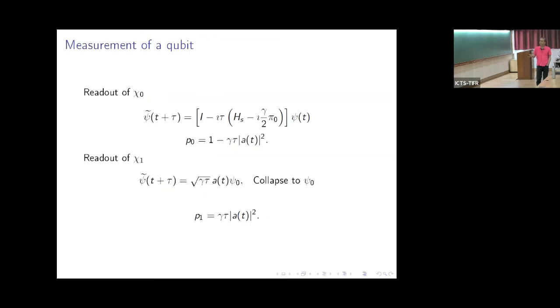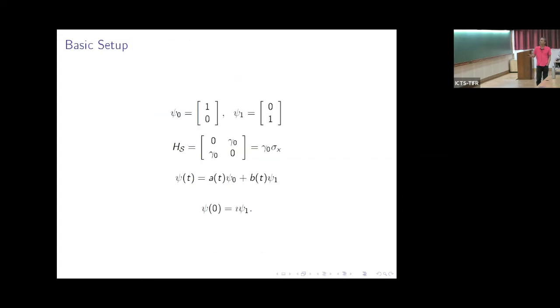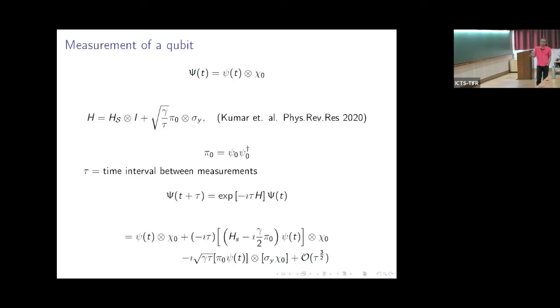So alpha here is basically, so you see this is gamma, and gamma naught is the system's Hamiltonian frequency, and this gamma is the coupling frequency, and alpha is gamma upon 2 gamma naught.